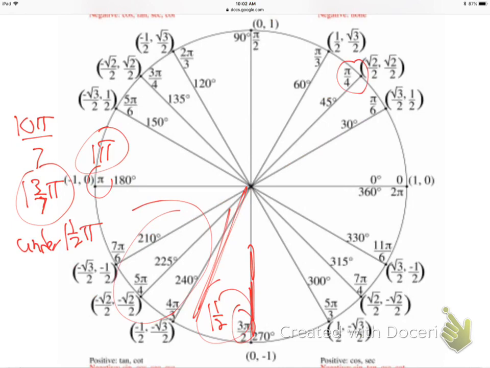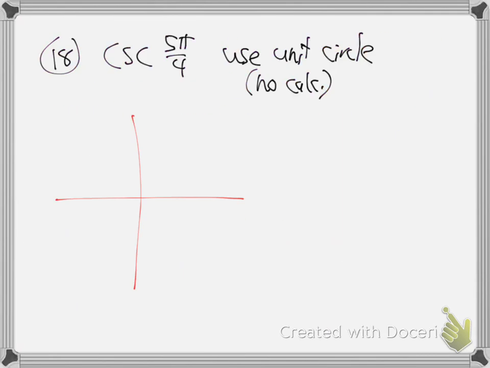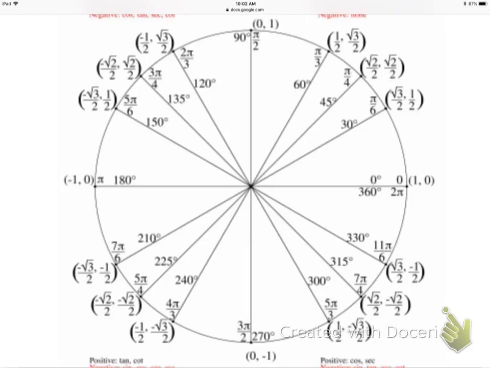Pi over 4 is a quarter way. So this is 1 pi over 4. Well, here, let me get a new one that's not written on. If you follow the line to the opposite side, this is 1 pi over 4, 2 pi's over 4, 3 pi's over 4, 4 pi's over 4, 5 pi's over 4. If you just know pi over 4 is going a quarter way, it's 1, 2, 3, 4, 5 pi's. So there's 5 pi over 4 right there.